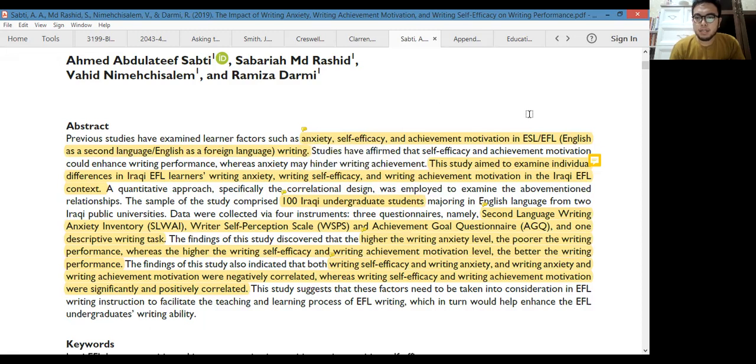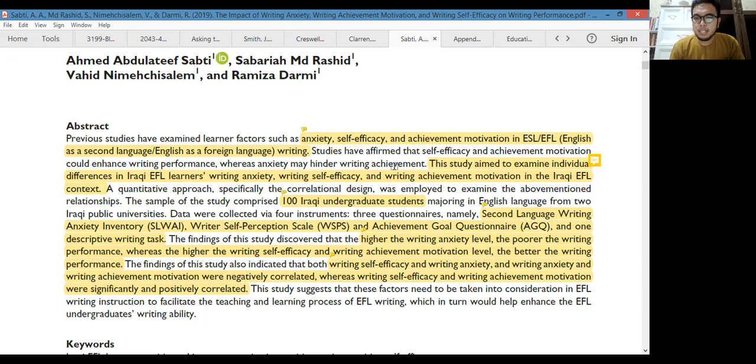As stated by previous presenters, in conducting a correlational study, we need to choose variables which co-vary or are related to each other. In this case, the author chose anxiety, self-efficacy, and achievement motivation in writing. So all of the variables are in writing.